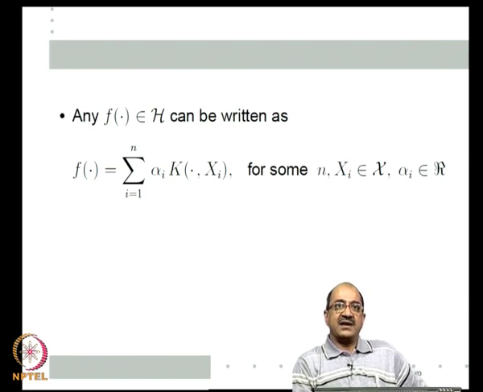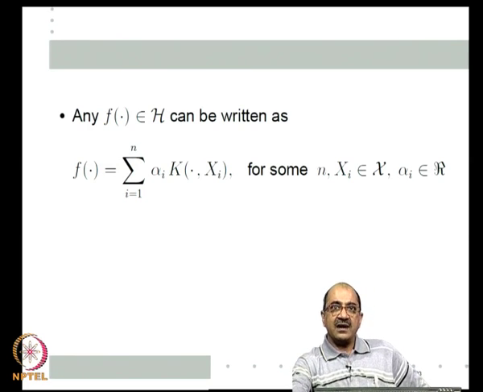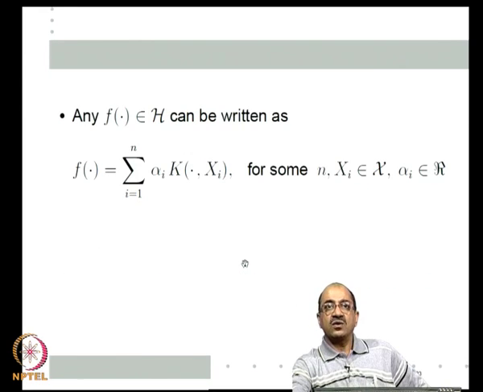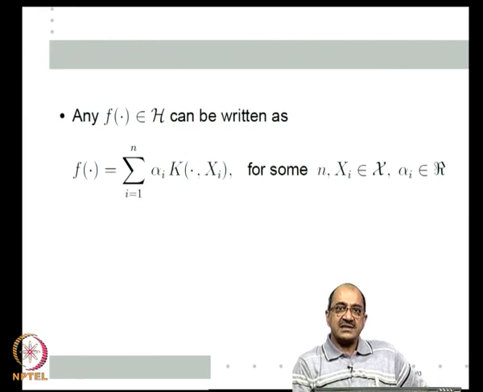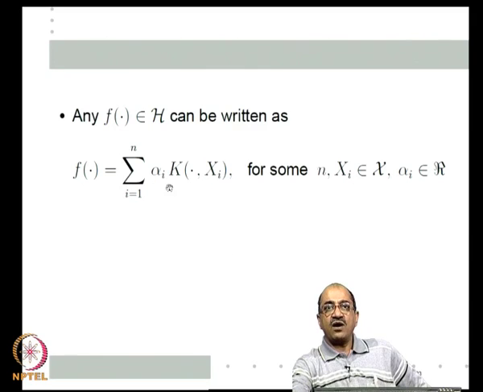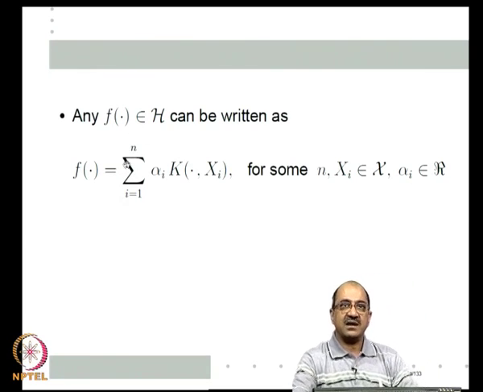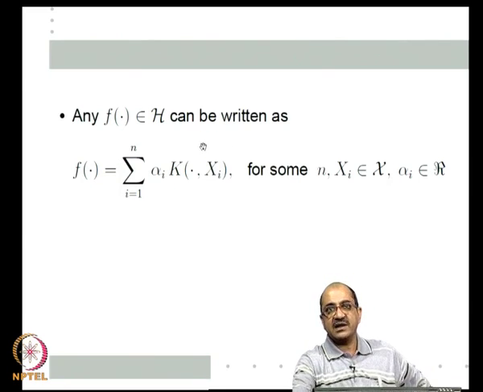So, any f in H would be a linear combination of functions from H1, and the only functions in H1 are K(dot, x) types, where x is an element of script X. So, any f in my script H can be written as the sum of alpha i K(dot, xi) for some n. So, it is a finite linear combination. We do not know how many terms there will be, but there will be some integer n such that there will be n terms in the linear combination.